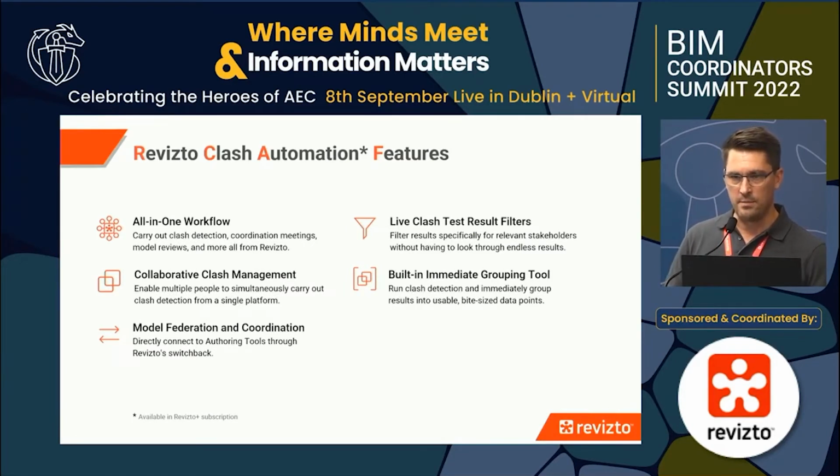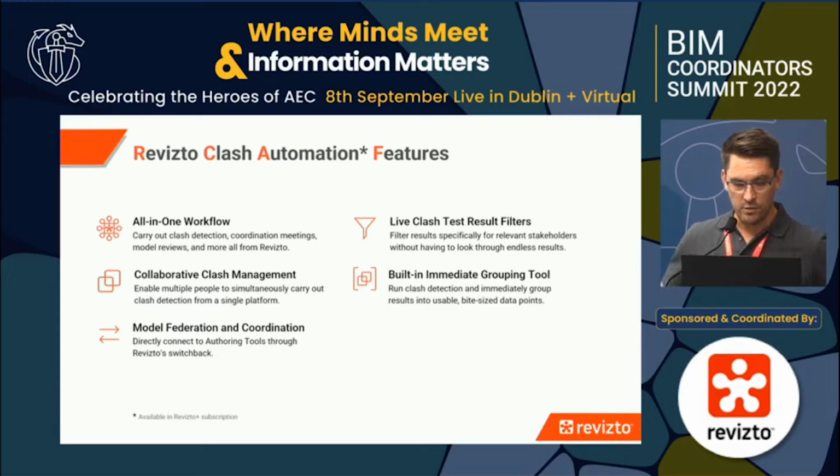Again, what does that mean? It means that multiple people can manage the Clash workflow in the same project at the same time. And you can control who has access to what, so it's not a free-for-all. I don't think there are any other platforms out there that allow real-time collaboration by as many people as need to be involved.